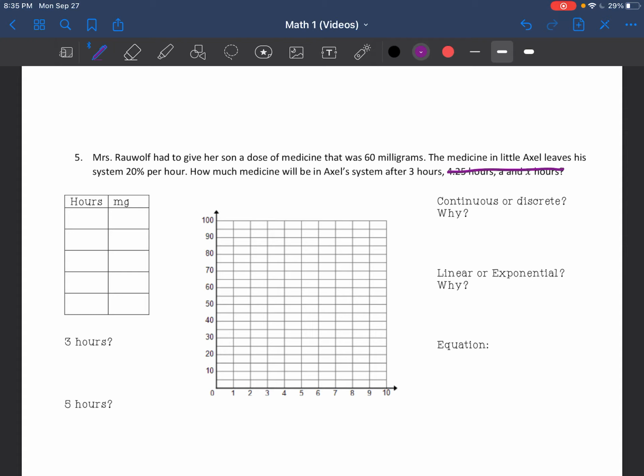So this is going to be a decrease percent problem, which means we take 100% of the medicine he has in his system every hour and take off, which is subtract, 20%. This leaves us with 80% of the medicine he has in his body. However, we cannot multiply 80% on our table because then our numbers get too big.